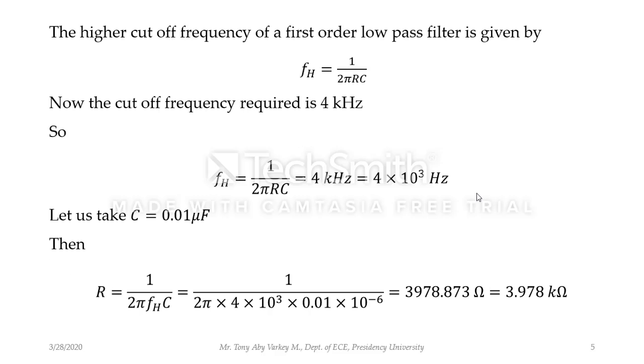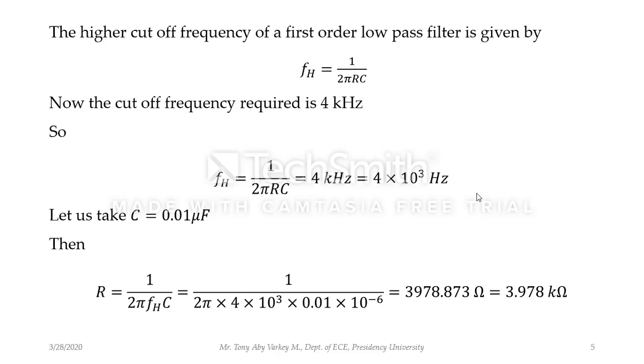Now the higher cutoff frequency FH of a first order low pass filter is given by FH equal to 1 by 2 pi RC. In the question the cutoff frequency is given as 4 kilohertz. So 1 by 2 pi RC should be equal to 4 into 10 power 3. Now let us take for the design C equal to 0.01 microfarad.